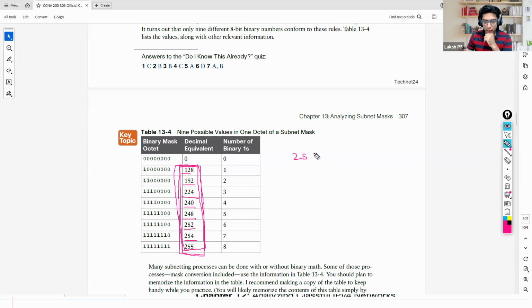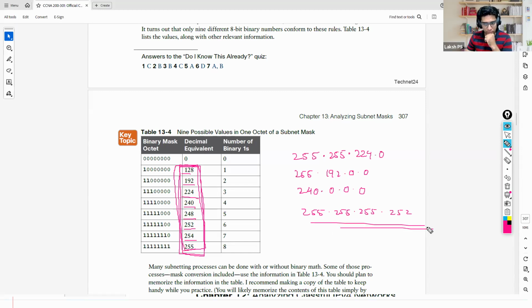So when I say you may find other numbers, like 255.255.224.0 like this, or 255.192.0.0 like this as well. Or for example, you may also find 240.0.0.0 as well. You may find 255.255.255.252 address mask as well.